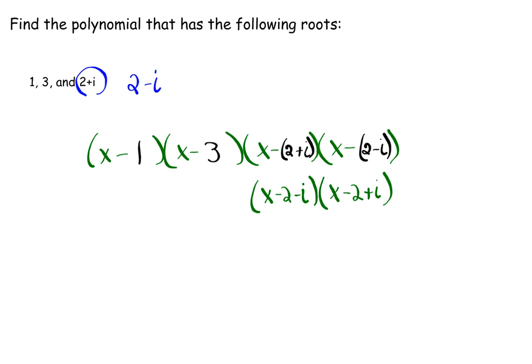And when I do my box multiplication, I'm going to notice that this actually turns into, I don't know, x squared. Oh, heck. I'm going to be lazy. I'm going to do it, and then I'm going to pause this video and let you take a minute to do it.